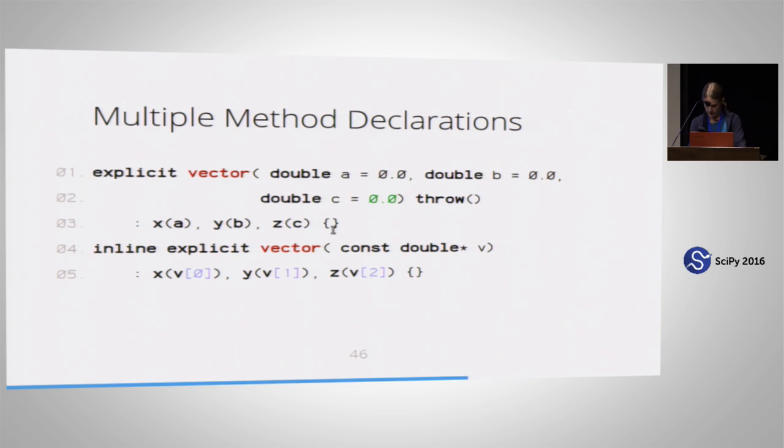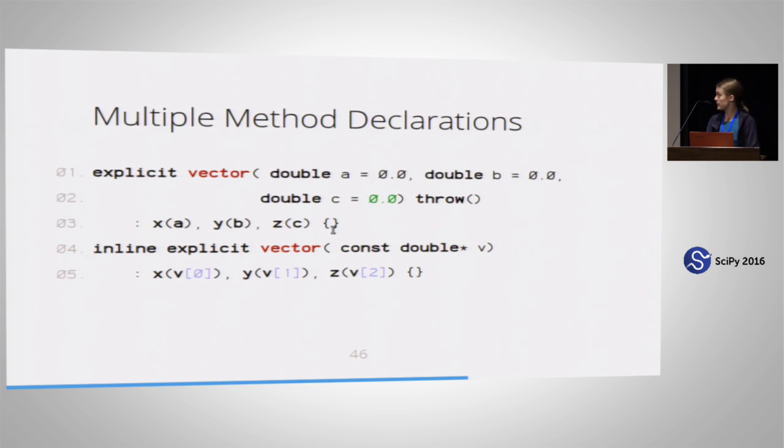There are a couple things that I found when converting from C++ to Python. It's not as easy as just doing a find and replace on curly brackets. For example, in C++, you can have multiple method declarations. So you can define a vector by passing it 3 doubles, passing it nothing, or passing a pointer to a double.